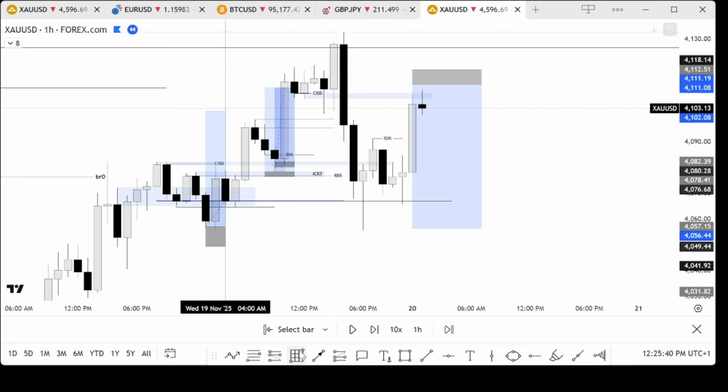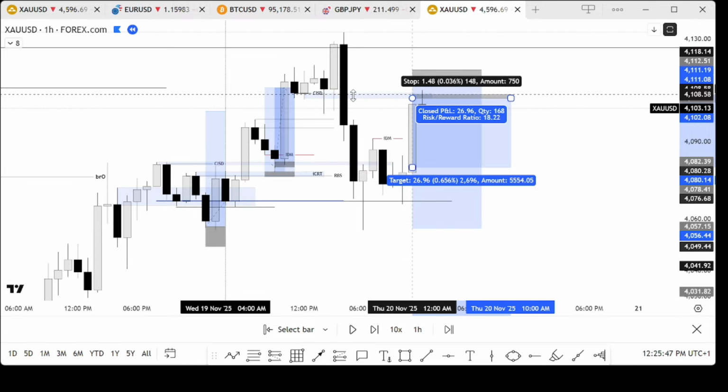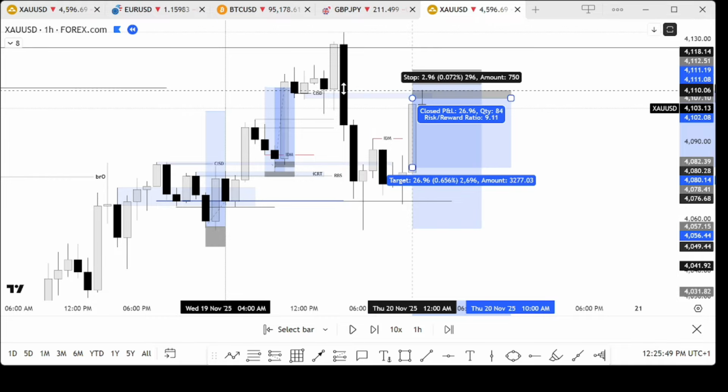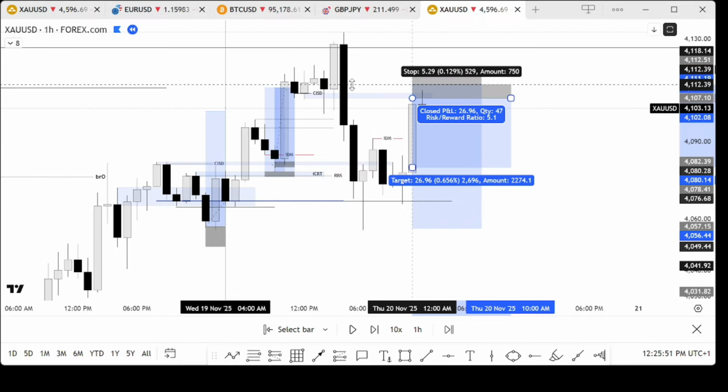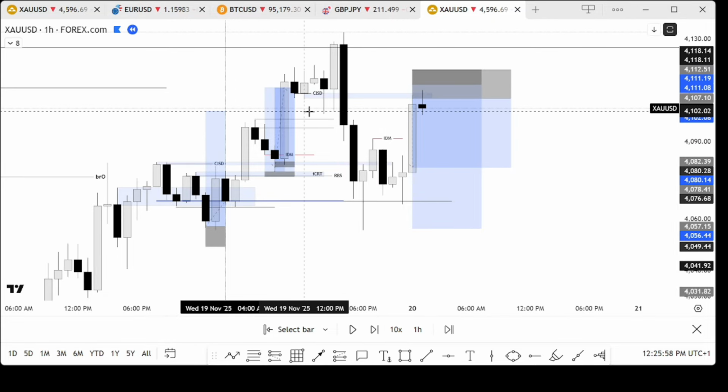Now, can I also take my entry from here and still be correct? Yes, I can and still be correct. So if you take your entry here, you can place your stop loss here, or at 50% of it, or even use the whole body of the iCRT.